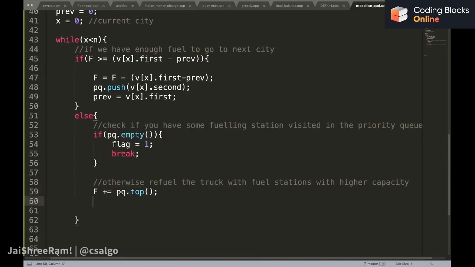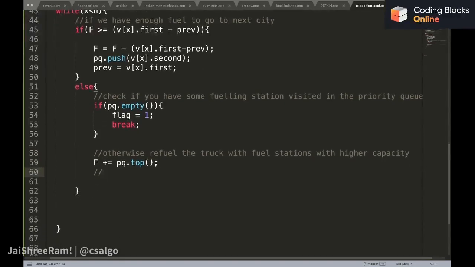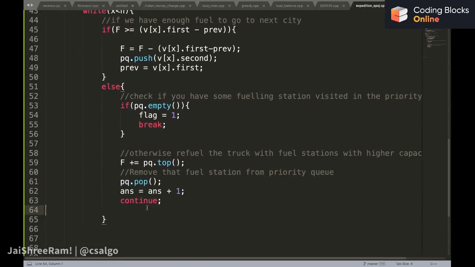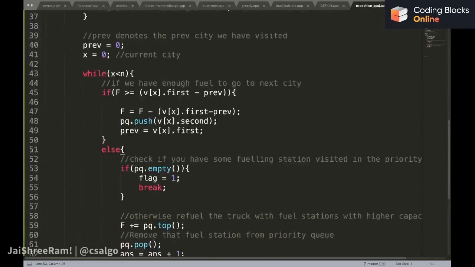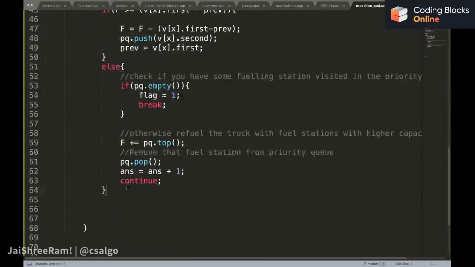So f plus equals pq dot top, and since we can use a fuel station only once, we will remove that fuel station from the priority queue. So we can say pq dot pop, that removes the fuel station from the priority queue, and since you have used a fueling station, I can say answer equals answer plus 1 and continue. So continue means continue exploring, let's go to the next city. So this will resume this while loop.